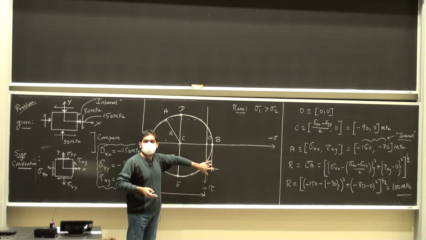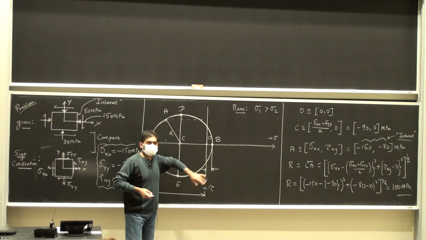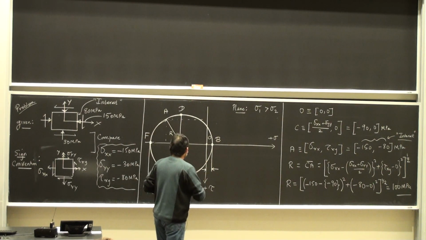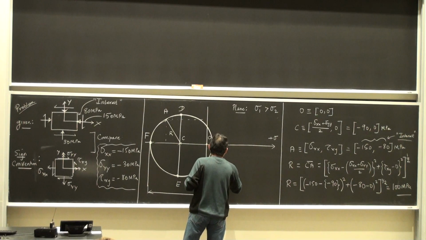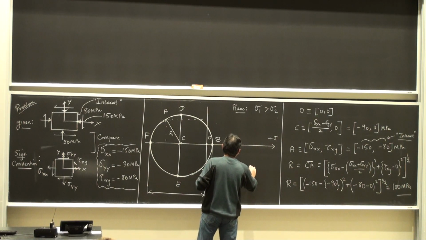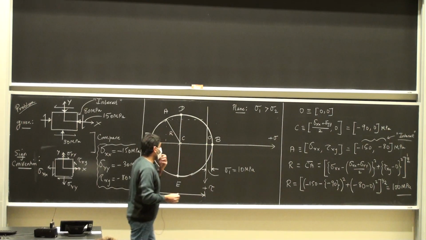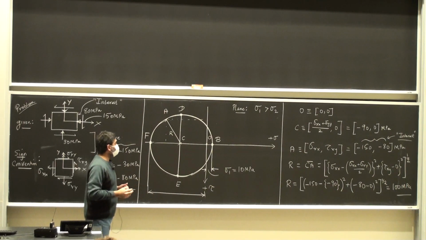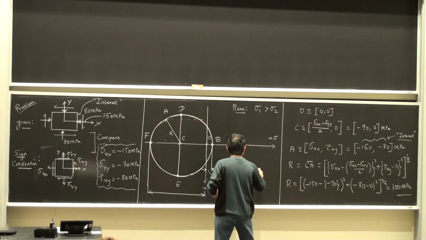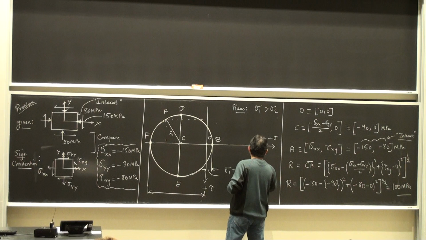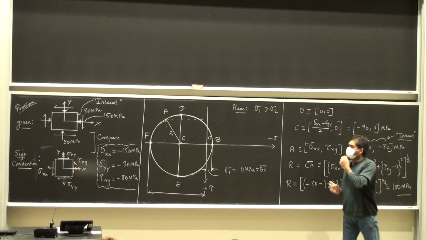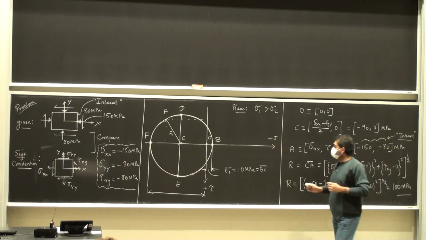I just write the numerical value. Okay? So this is sigma 1, which is equal to 10 megapascals, which is essentially the distance from B to C, and then minus the distance from O to C.